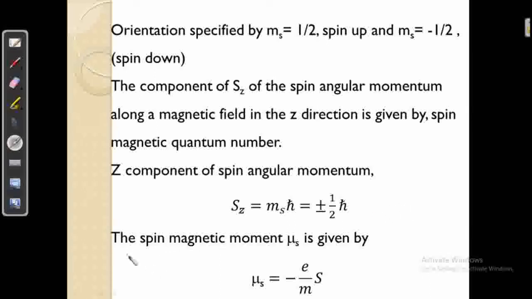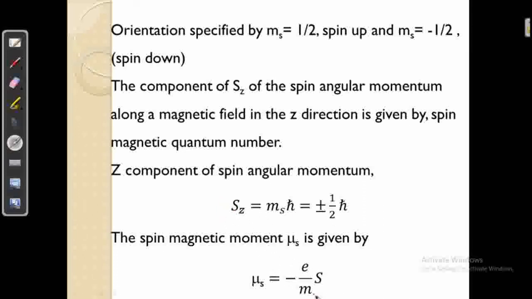Again we can see that there is a spin magnetic moment associated with the angular momentum. So associated with the angular momentum, the magnetic moment is given by minus e by m into S, where S is equal to root 3 h cross by 2. And also we have the Z component of this magnetic moment, that is given by minus e by m into Sz.